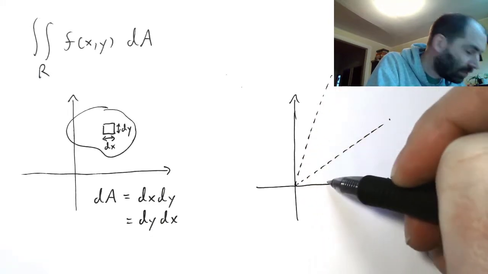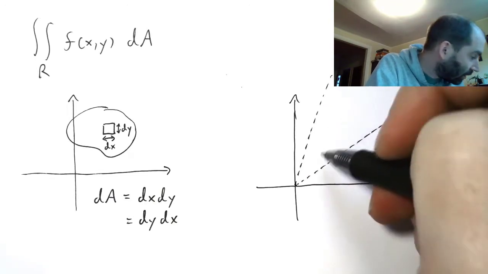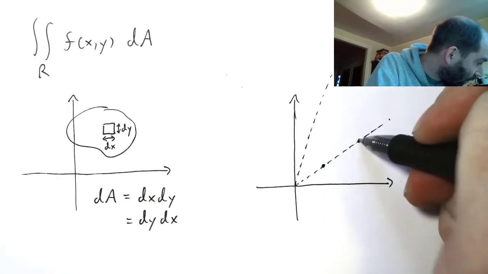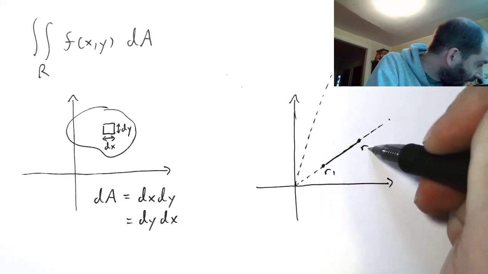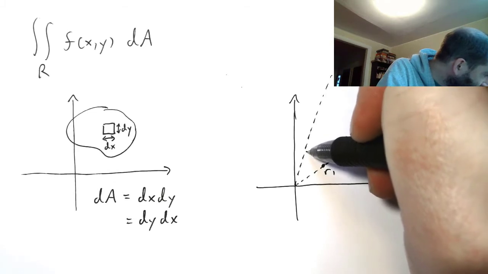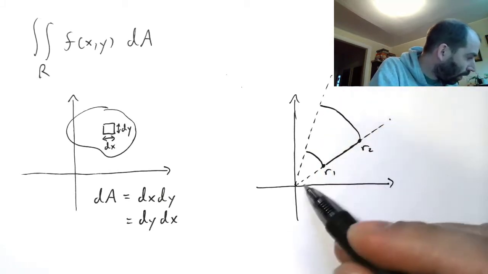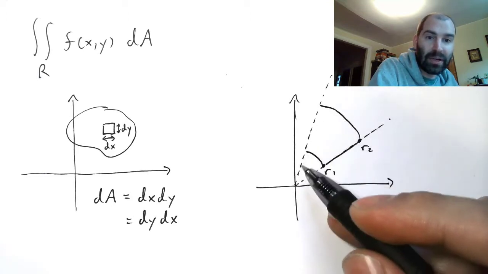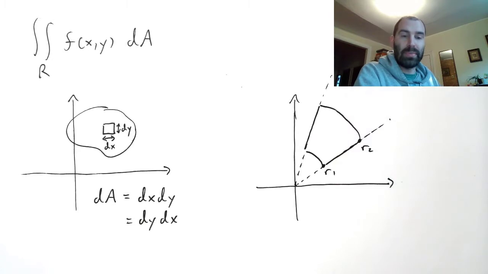And we're also going to look at a small change in r. So we're going to start with this radius and go to this radius. Okay, so this will be r1, this will be r2, right? And we have our theta 1 here and our theta 2 here. And so what we end up getting is this wedge shape.